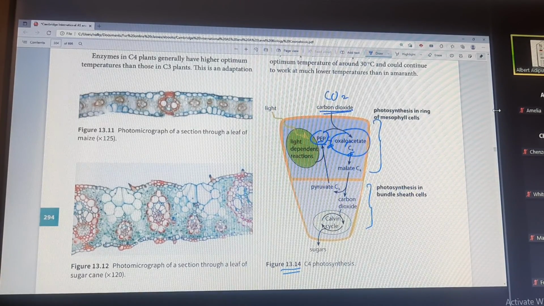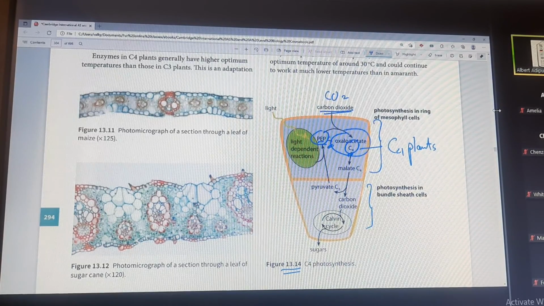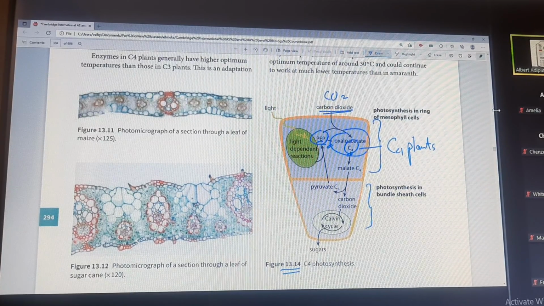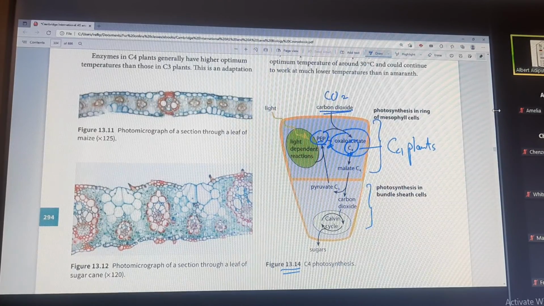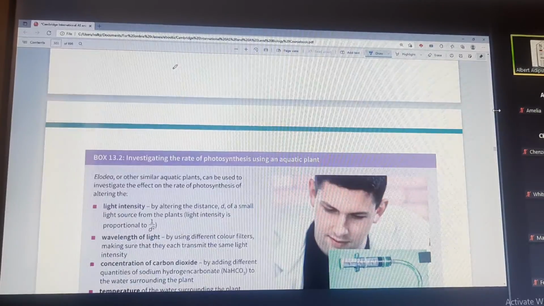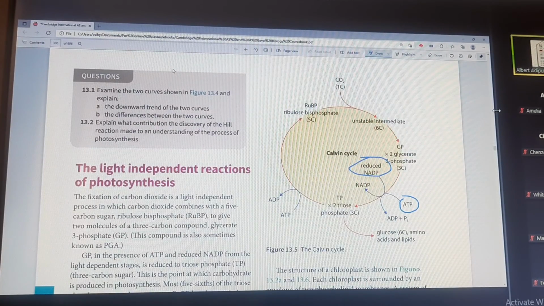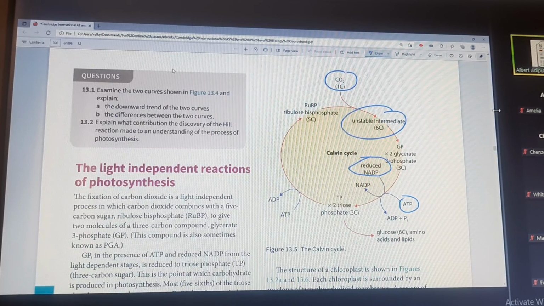This is how the name C4 comes from. It comes from the fact that the first compound after the fixation of carbon dioxide has 4 carbon atoms, as opposed to C3 plants. Yes, I know that after fixation of carbon dioxide in the Calvin cycle, there's a compound with 6 carbon atoms, but it is very unstable, so it's short-lived.